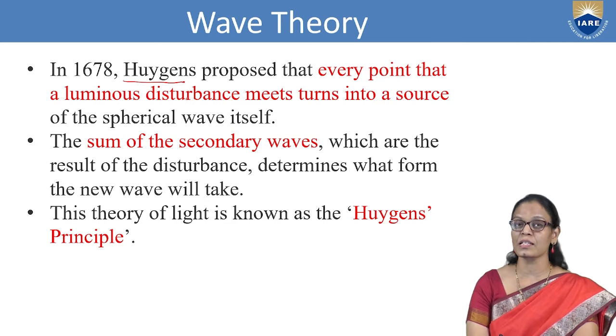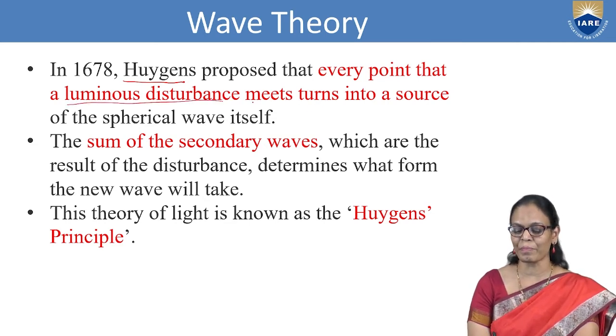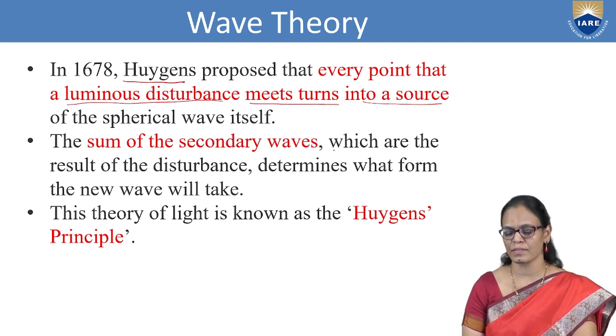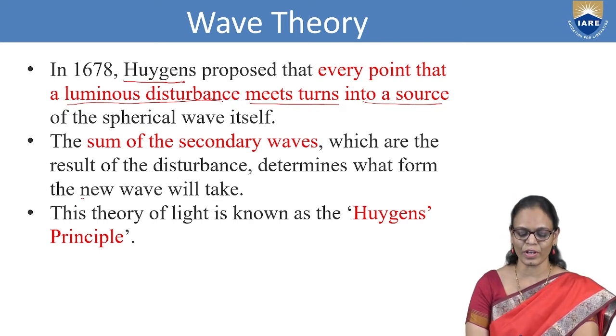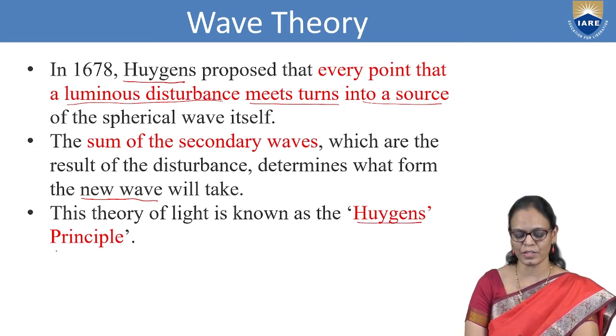We are going to discuss in detail how this luminous disturbance meets a point and then how it becomes a source. Then the sum of the secondary sources, which are the result of the primary disturbance, determines what the new wave is going to be like. And this theory of light is known as the Huygens principle.